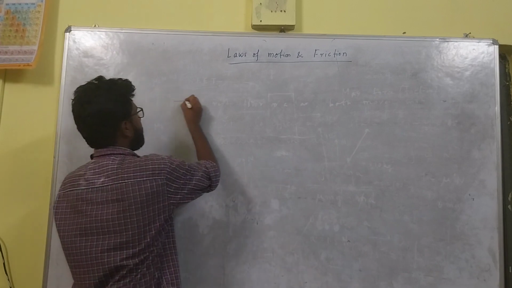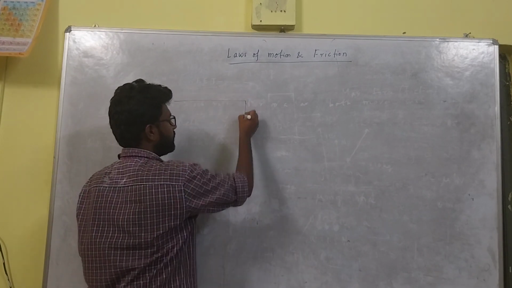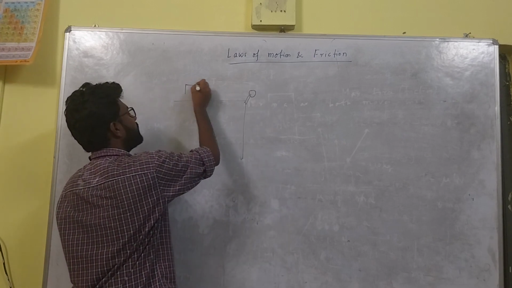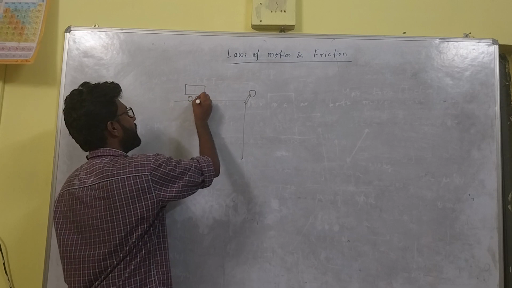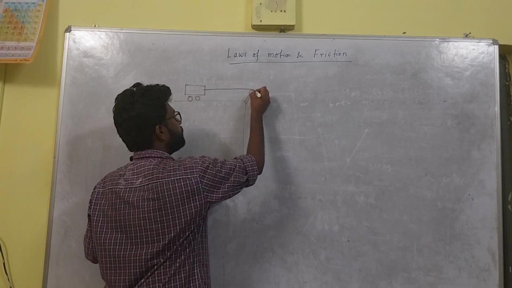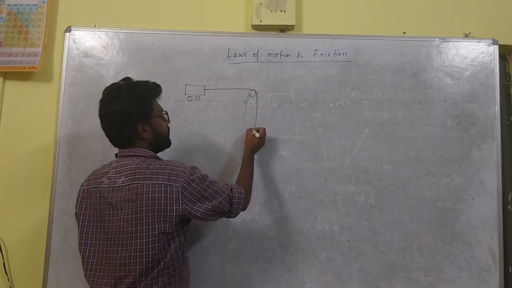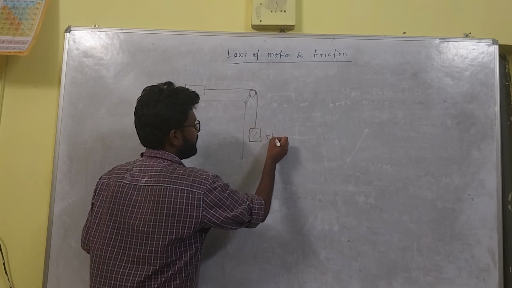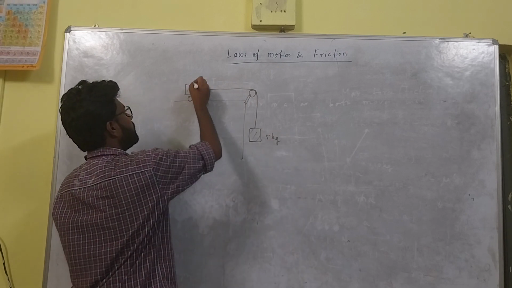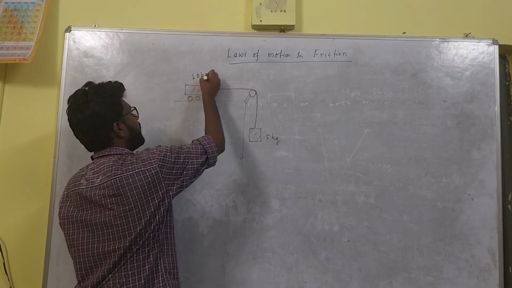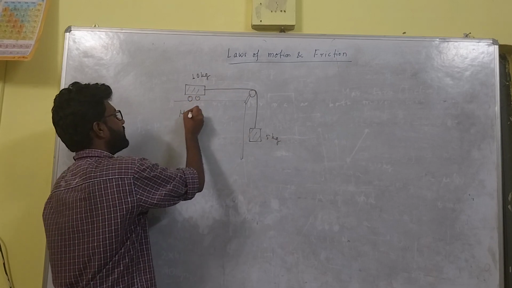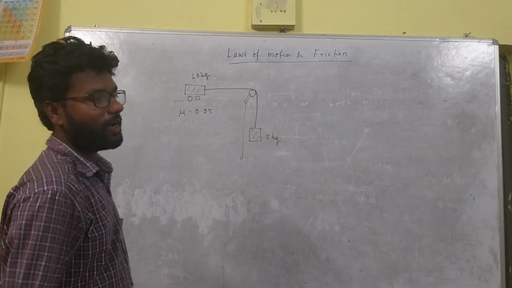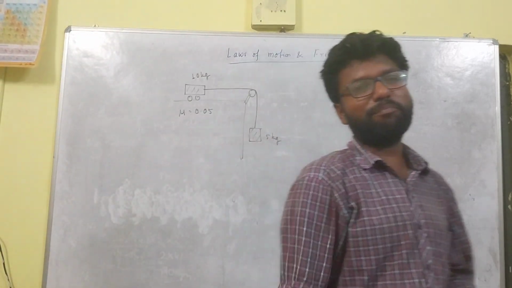So it's a floor, and here is a pulley, a block with a wheel here, and a string connected over the pulley through the system, and here the block of mass, let's say 5 kg. The mass of that cart is 10 kg, and the coefficient of friction, let's say 0.05. Of course the pulley and the string are massless.